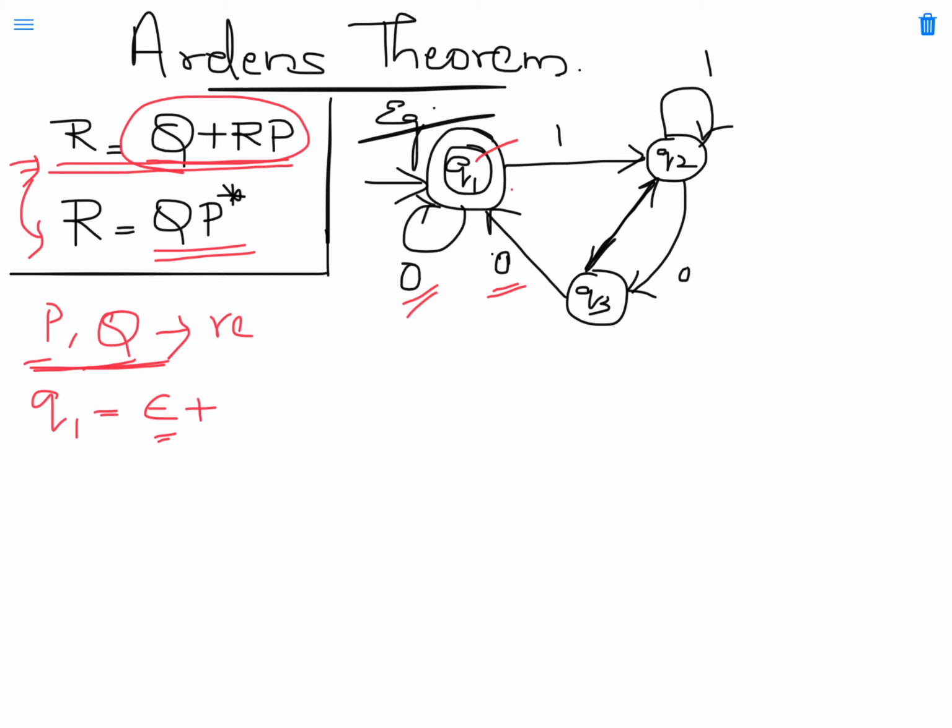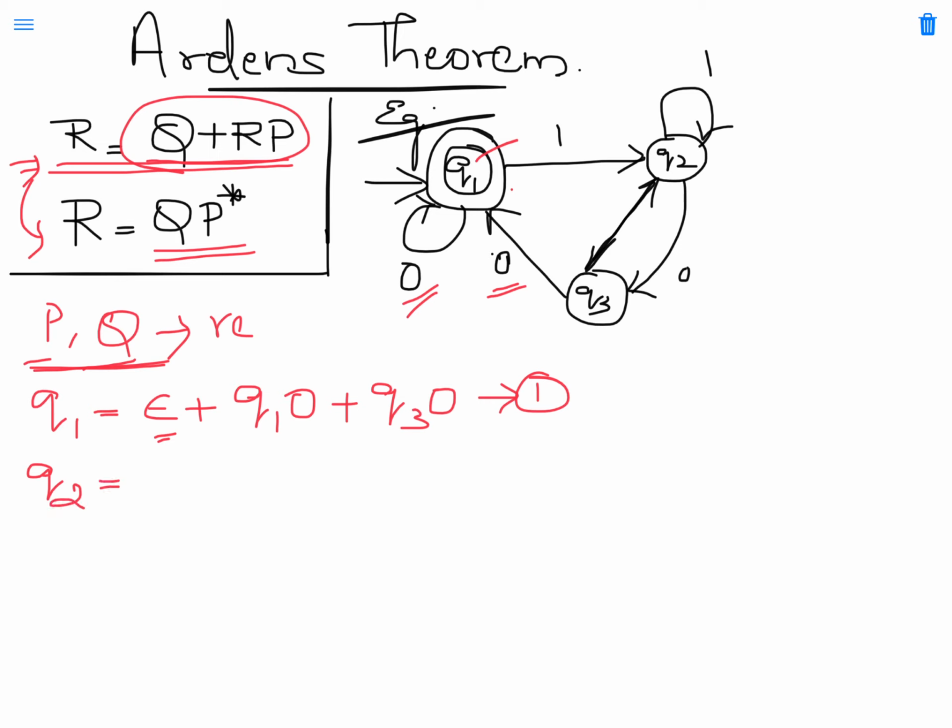Then the first input: from q1 to q1 a transition is there using the input symbol 0, so you can write q1 0, plus another transition from q3 to q1 using the input symbol 0, so you can write q3 0. You can name this equation as 1.